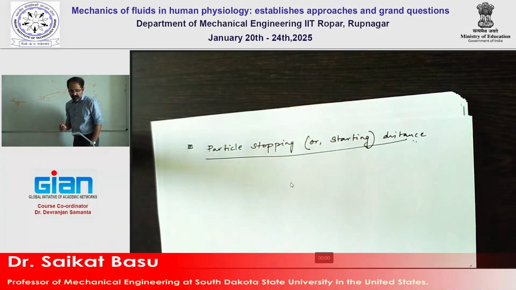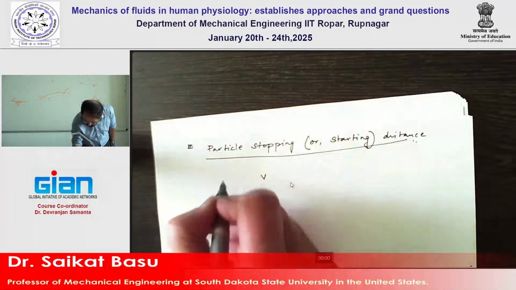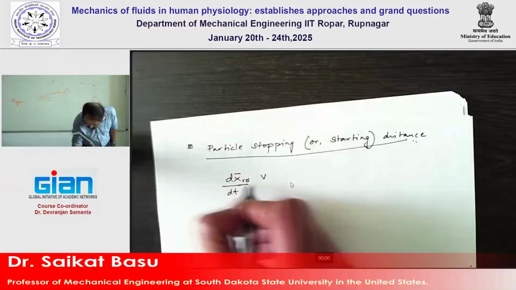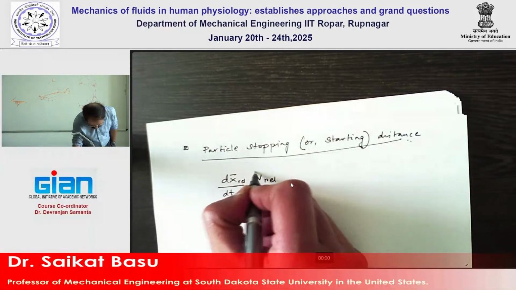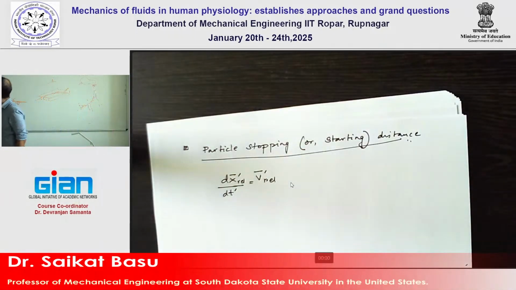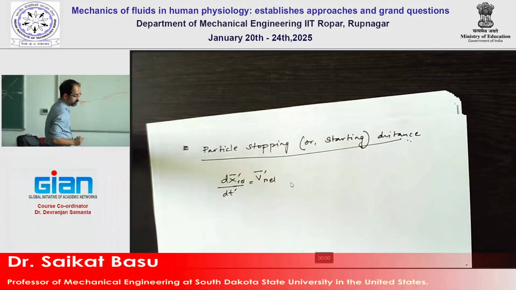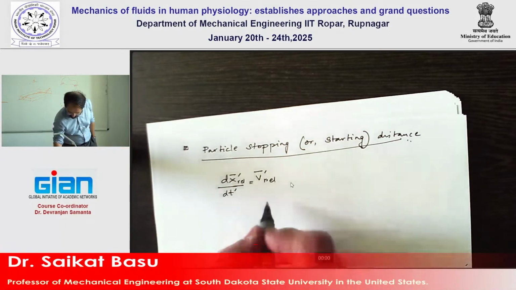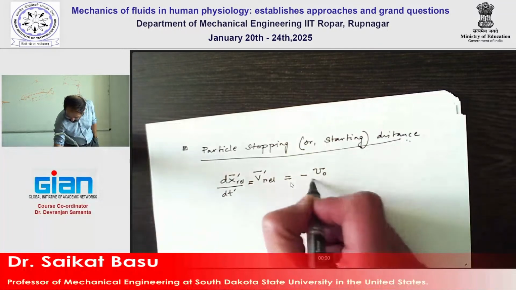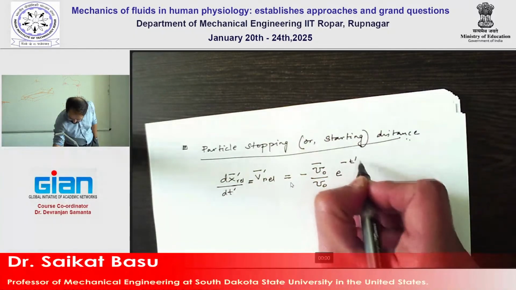Okay, so we are going to use the same formalism for the V rel, but now we have to add this extra term: dx/dt, and this is still the relative, is equal to this v relative, and we are still in the non-dimensional world, so those primes are still there. So dx relative prime over dt prime is equal to v relative prime, and this v relative prime, as we have seen, is minus u naught over u naught times e to the power of minus t prime over Stk.